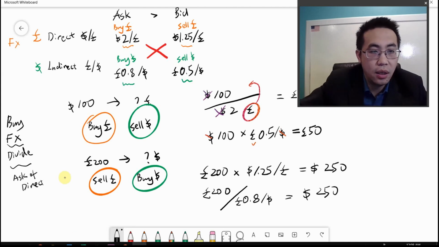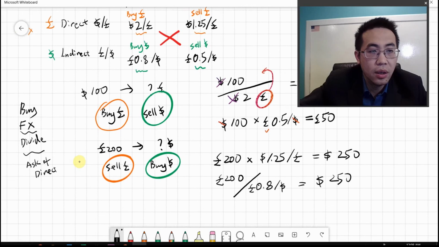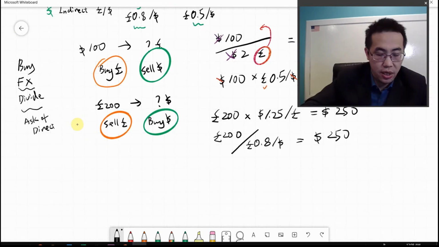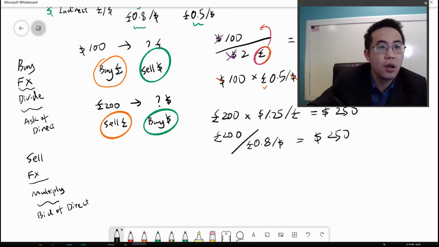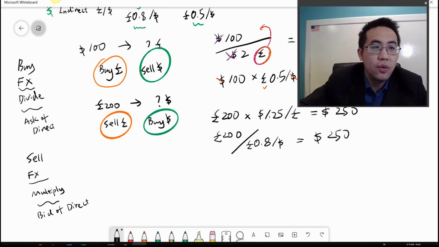And if you are selling foreign exchange, then you will need to multiply the bid of the direct. And if you are buying foreign exchange, it's the same as selling US dollar.